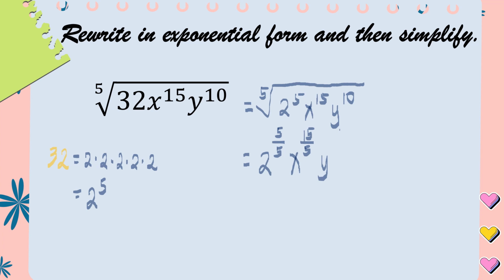And y, the exponent is 10, over the index which is 5. So we get 2. 5 divided by 5 is 1. X, 15 divided by 5 is 3. And then we have y, 10 divided by 5 is 2. So fifth root of 32x raised to 15, y raised to 10 is equal to 2x raised to 3, y raised to 2.